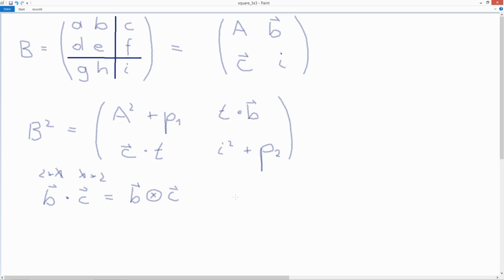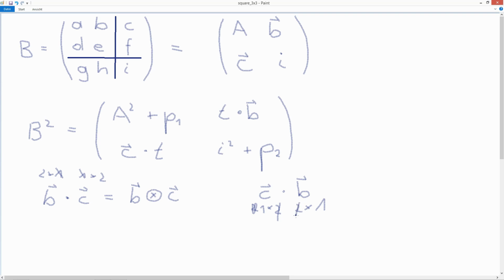The other option to calculate the product of B and C is to calculate C times B. This is a 1 times 1 matrix, which is a scalar, because C as a row vector is a 1 times 2 matrix, and B as a column vector is a 2 times 1 matrix.